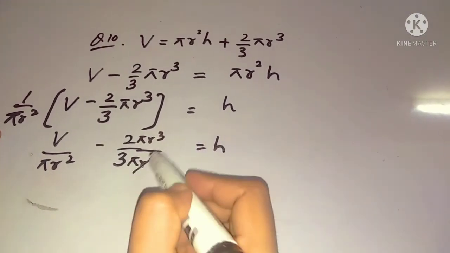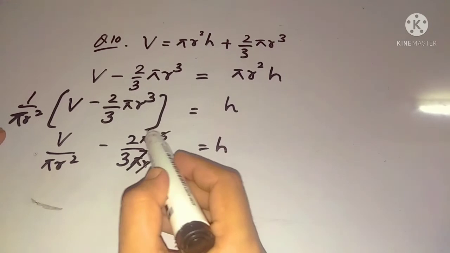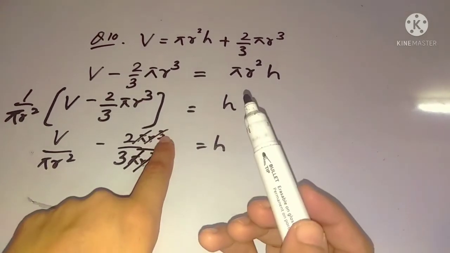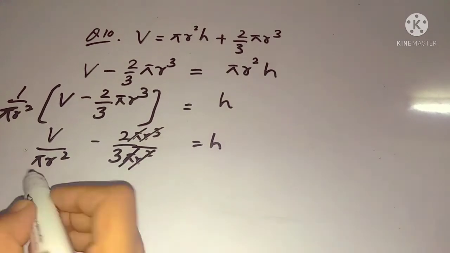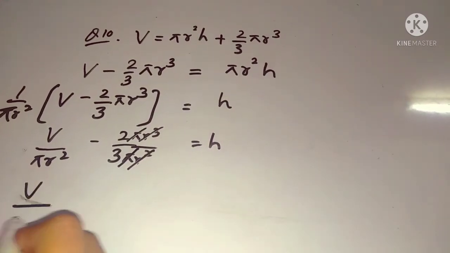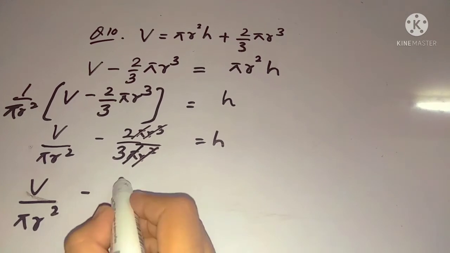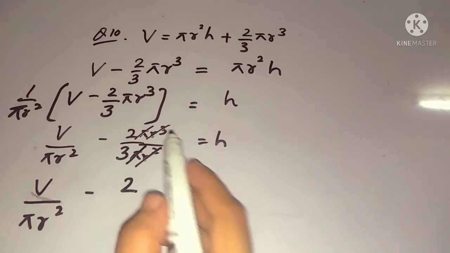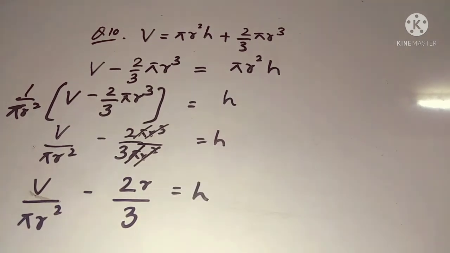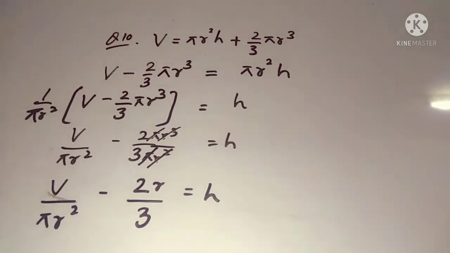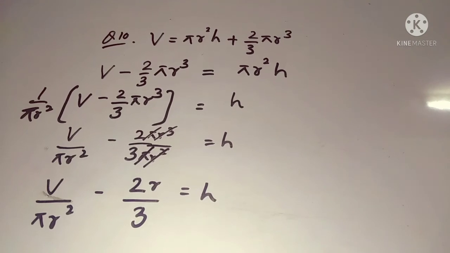Now this r square and here r are cut, this pi is cut over here. But here it was r cube, so one r is left. R square is cut with it, but one r is left over here. So v over pi r square minus 2r over 3 is equal to h. So students, this is how you have to make h the subject.